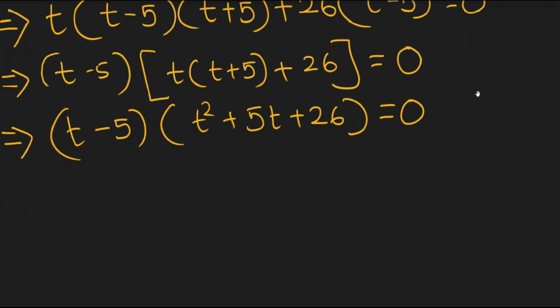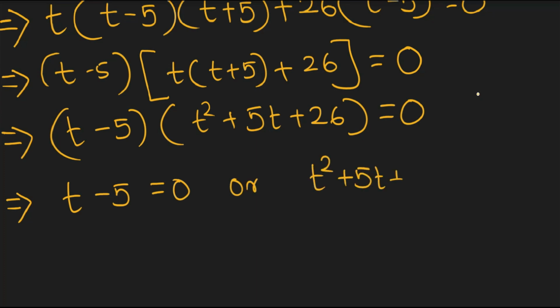Now either t minus 5 is equal to 0 or t square plus 5t plus 26 is equal to 0.